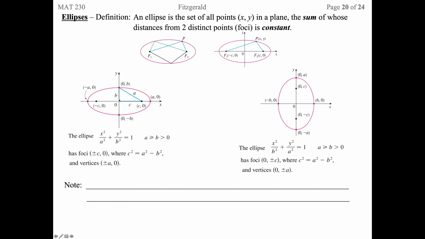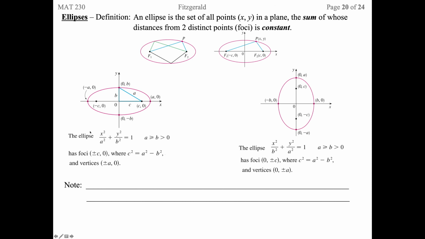This is our shortest distance. Your major axis, negative a to a, that's the longest distance. And you have a right triangle here where the square root of b squared plus c squared will equal a, which is the length from the center out to this point right here.